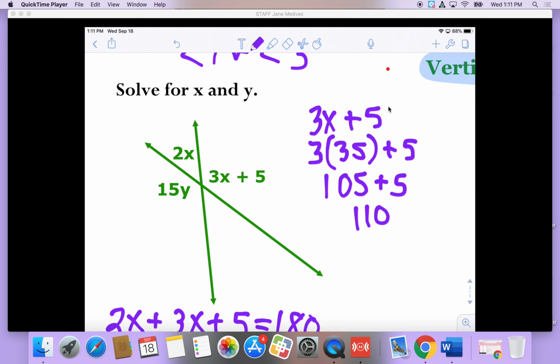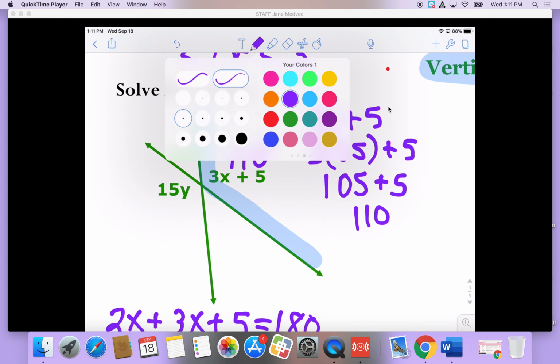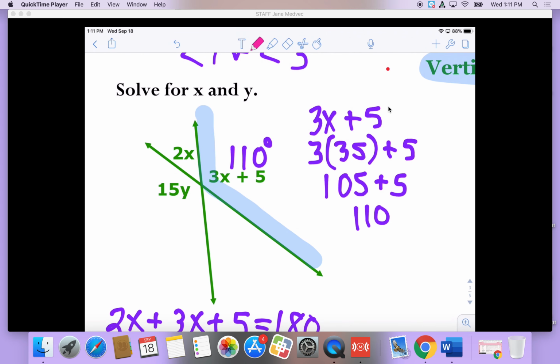So I know that this angle right here is 110. Then what he said was, well, because I know that's 110, I know that this angle right here is also 110 because it's a, what type of angle? It's a vertical angle, right? So I can go 15y equals 110.